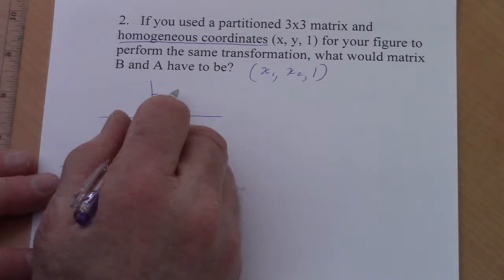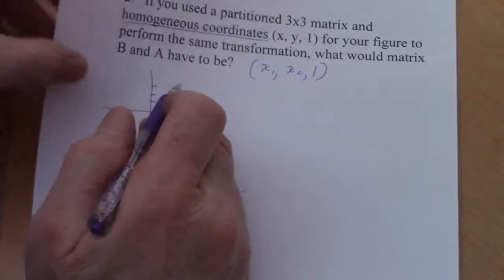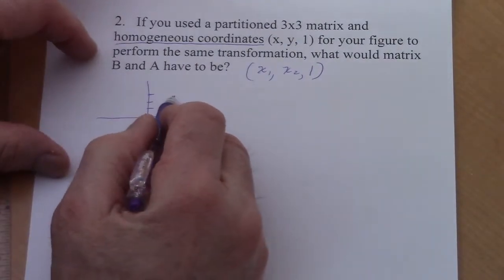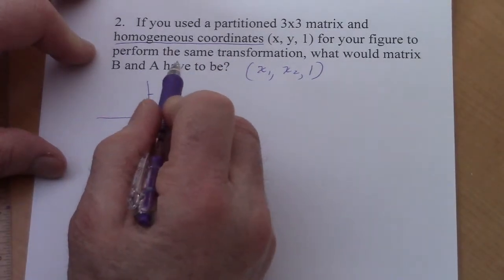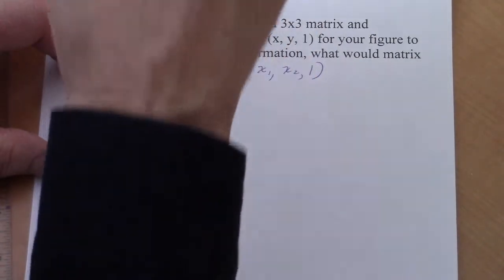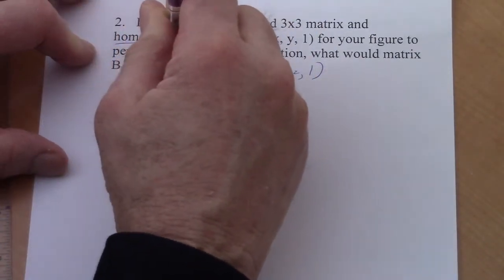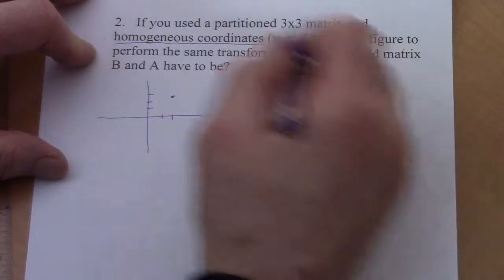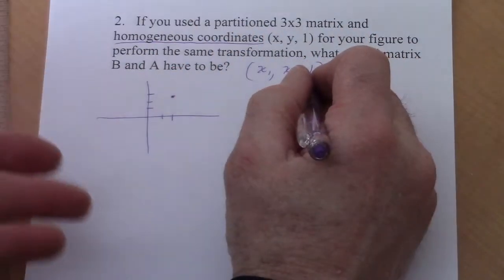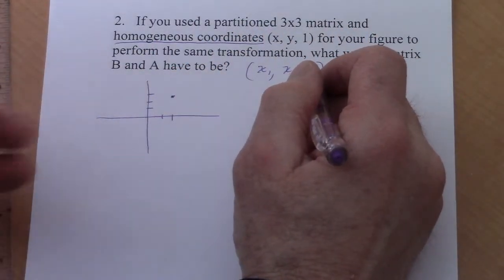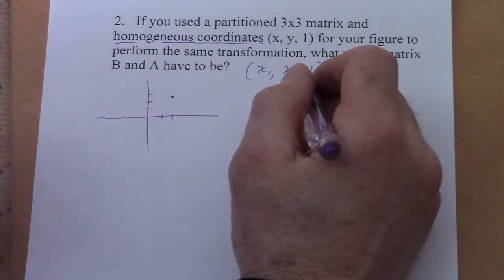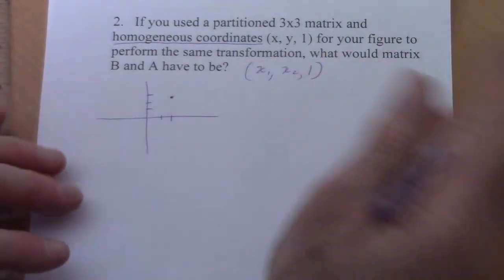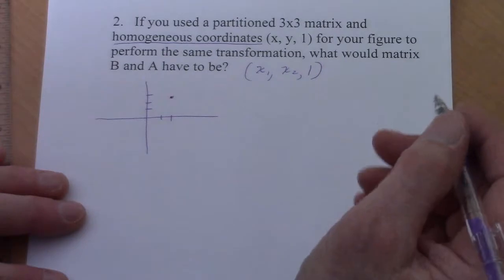in the z direction, which, if you're looking at a computer screen, won't change position, whether that point is here or here or here or here. As long as it's in line perpendicular to the plane, it will look like it's the same point. So basically, homogeneous coordinates adds an extra parameter that allows you to do some things, and we've already talked about rotations, so we're going to introduce this parameter so we can do some shifting of figures.